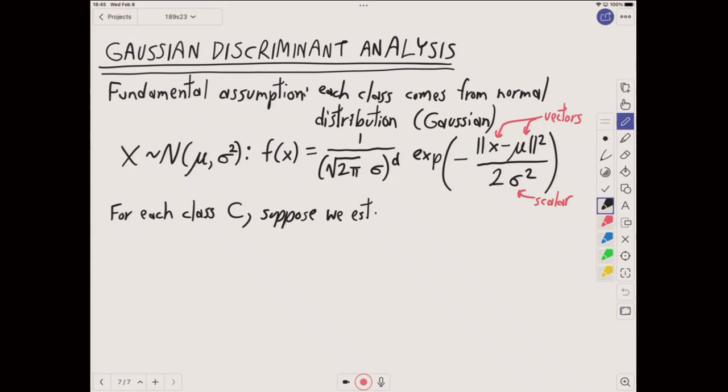So let's say that for every class C, we estimate the mean, mu subscript C, for that class, the variance, sigma squared subscript C. And we also, as you'll recall from Monday, need to know the prior probability on each class.